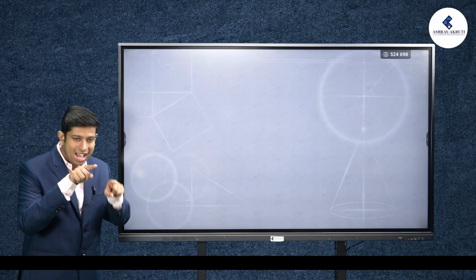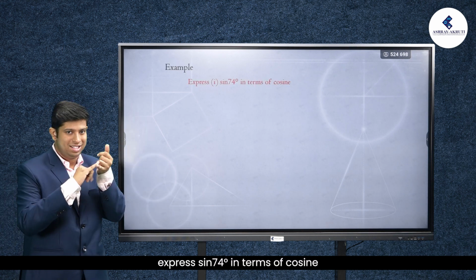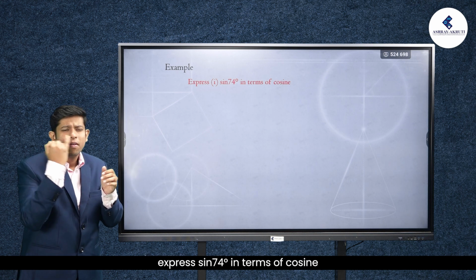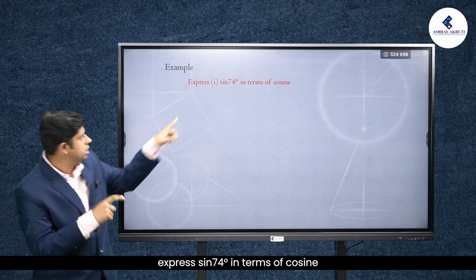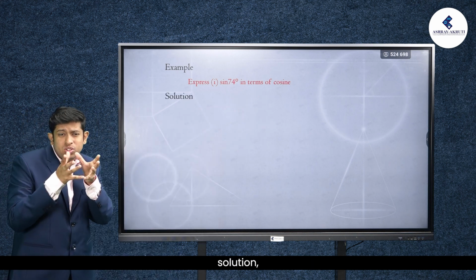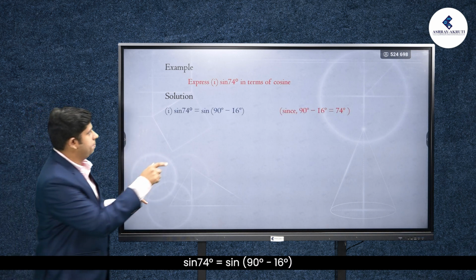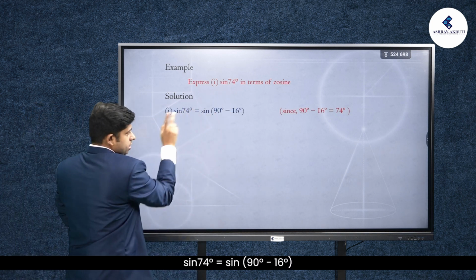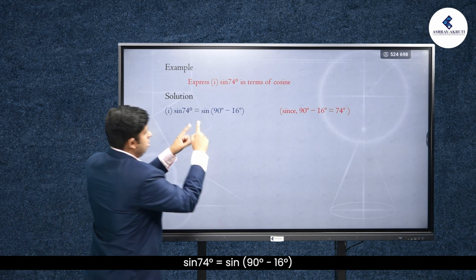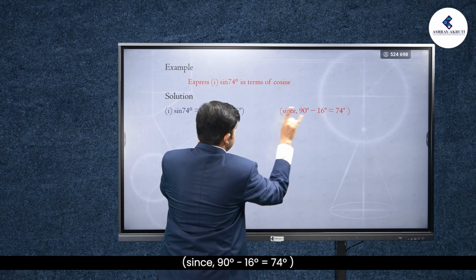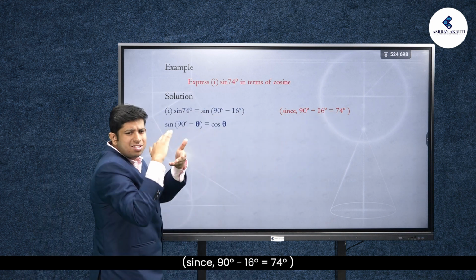Let us see one example. Express sin 74 degrees in terms of cosine. Solution. Sin 74 degrees can be written as sin of 90 degrees minus 16 degrees, since 90 degrees minus 16 degrees is equal to 74 degrees.